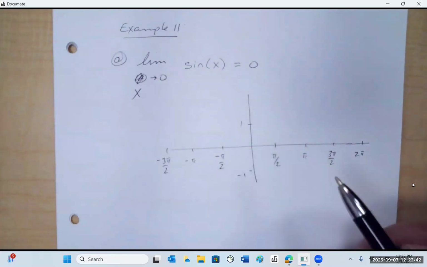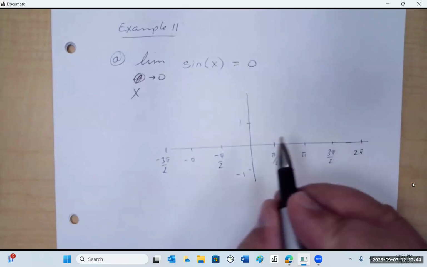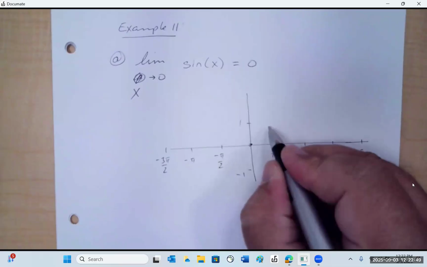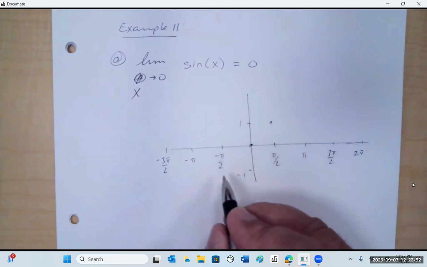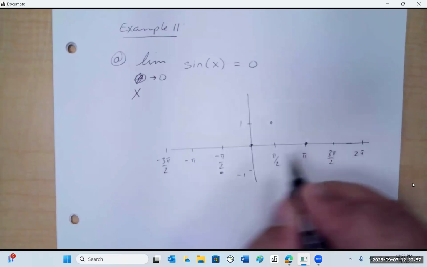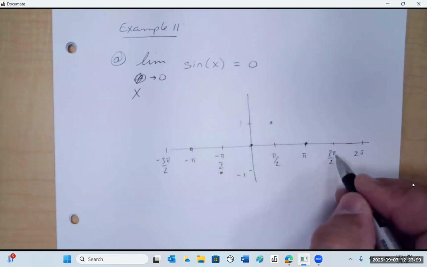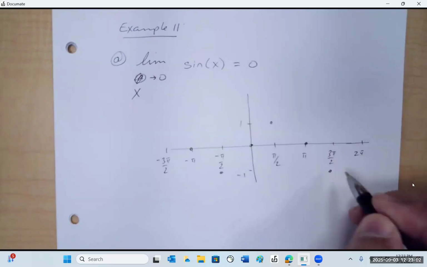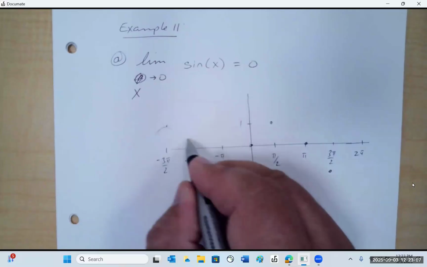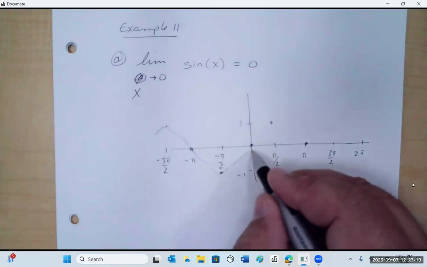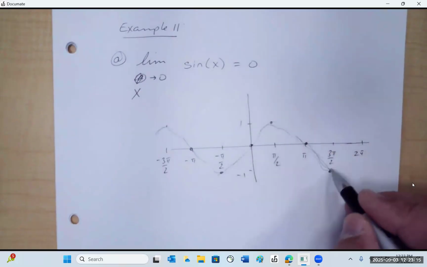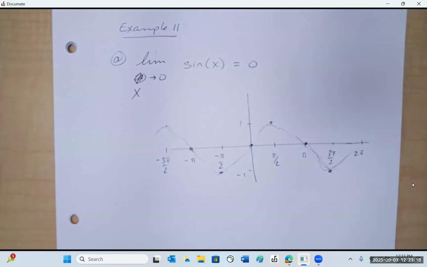So at 0, what is sine? At pi over 2, at negative pi over 2, at pi, at negative pi, at 3 pi over 2 it is negative 1, and at negative 3 pi over 2 it is 1. So the graph looks something like that.